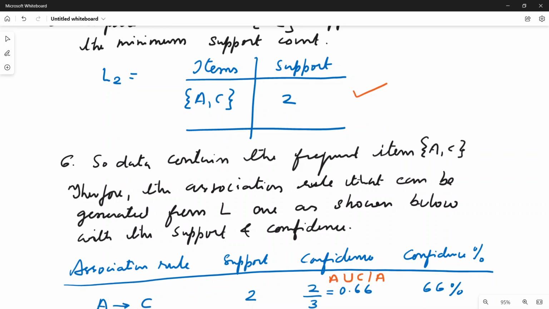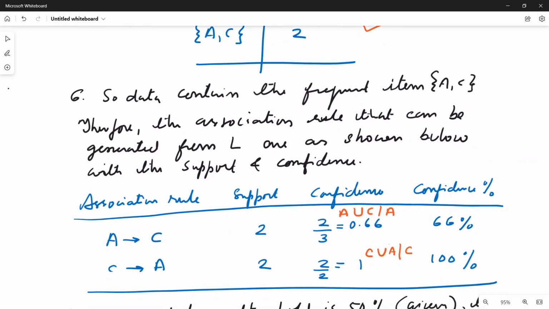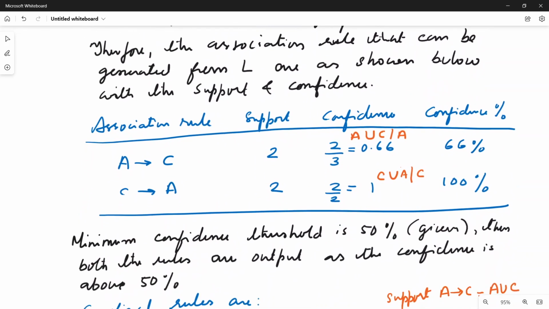Now, how can we form the association rule? Because AC is the frequent item set, from AC we can write the association rules A to C and C to A. So these two are the association rules. Even when you are writing the association rule, you have to find the confidence, because in the question it is given that it should have a minimum confidence of 50%.